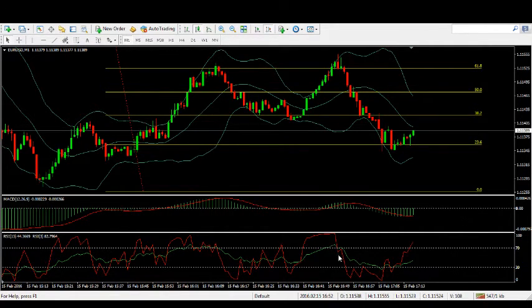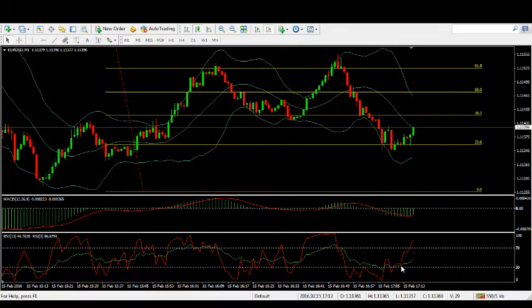When the red line crosses over the green line, the price continues to drop, but when the red line is rejected from the green line, it continues the bullish trend. Also see the oversold zone, and the price continues to rise.